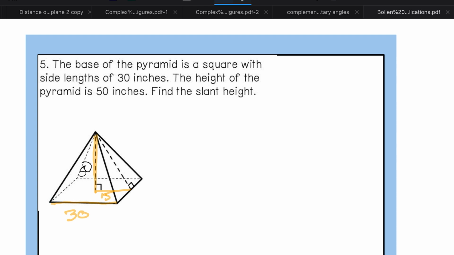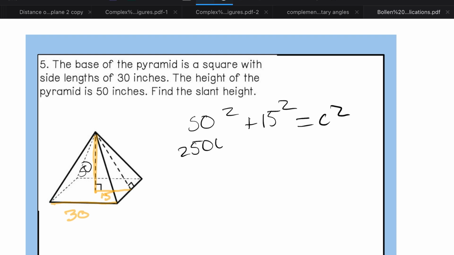So you would get a squared of 50 squared plus 15 squared is equal to C squared. 50 times 50 is 2,500.